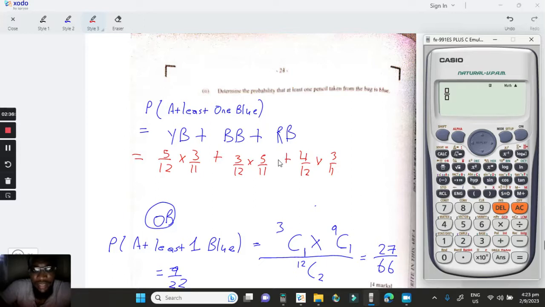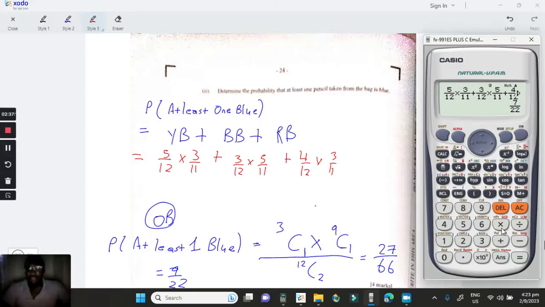And of course, remember, we're going to have to times it by 2 just to double it. And I'll explain why in a second. This is my not so preferred way, because it's a little bit lengthy. So this way, notice we get 7 over 22, right?